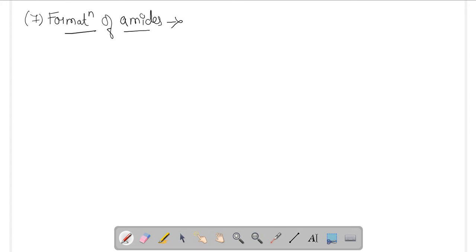So carboxylic acids react with ammonia to form ammonium salts, which upon heating form acid amides. Okay, so what happens? For the general reaction I will use the red ink.